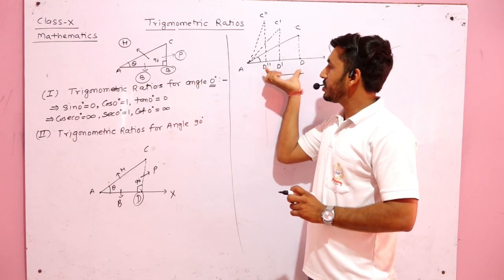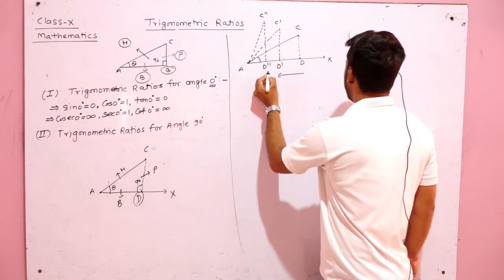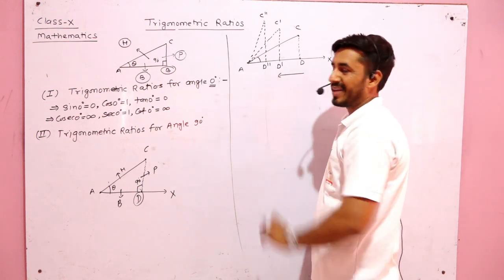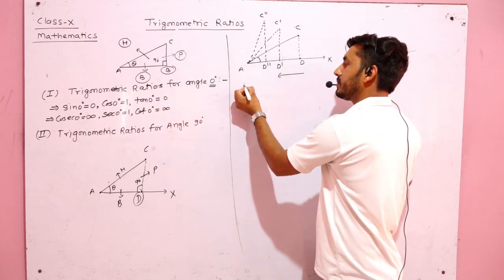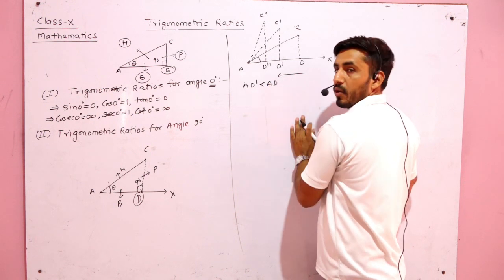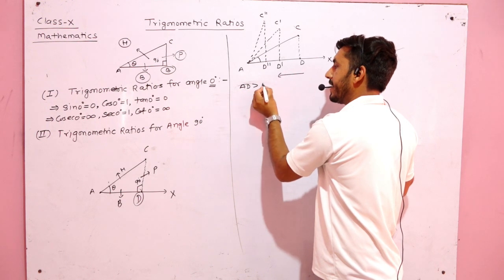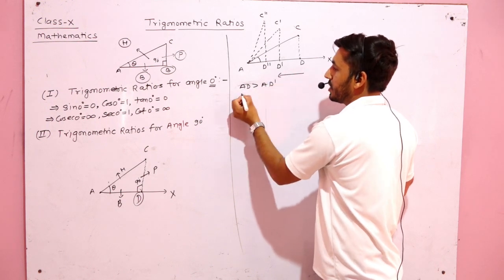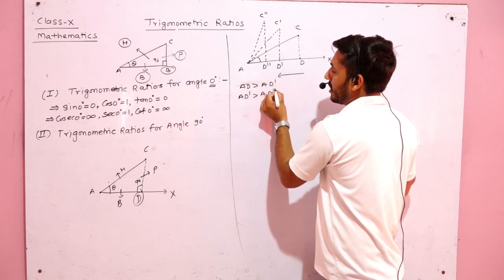It means this distance is decreasing continuously. Then again this distance is less than this distance. First we can write AD dash is less than AD, or in the second condition AD is greater than AD dash. In the third condition AD dash is greater than AD double dash.